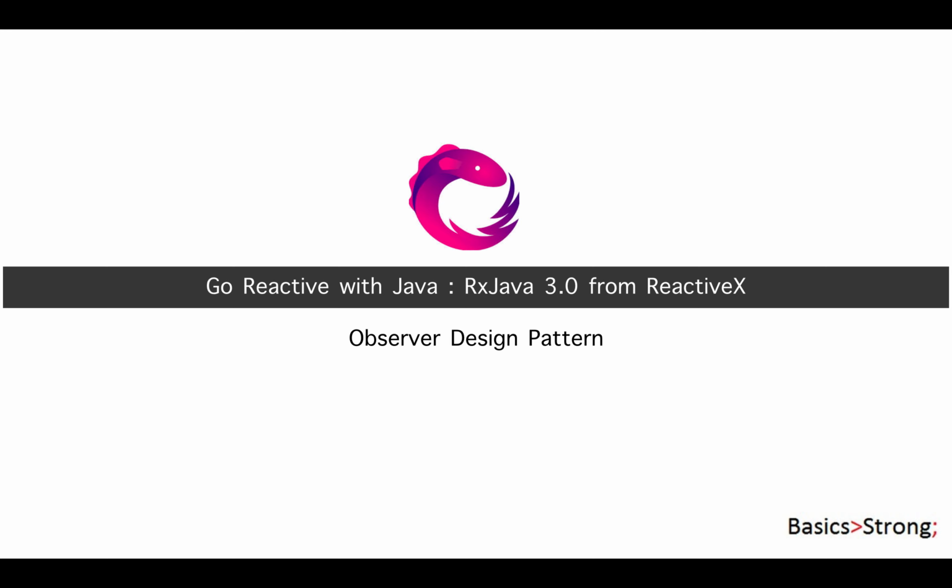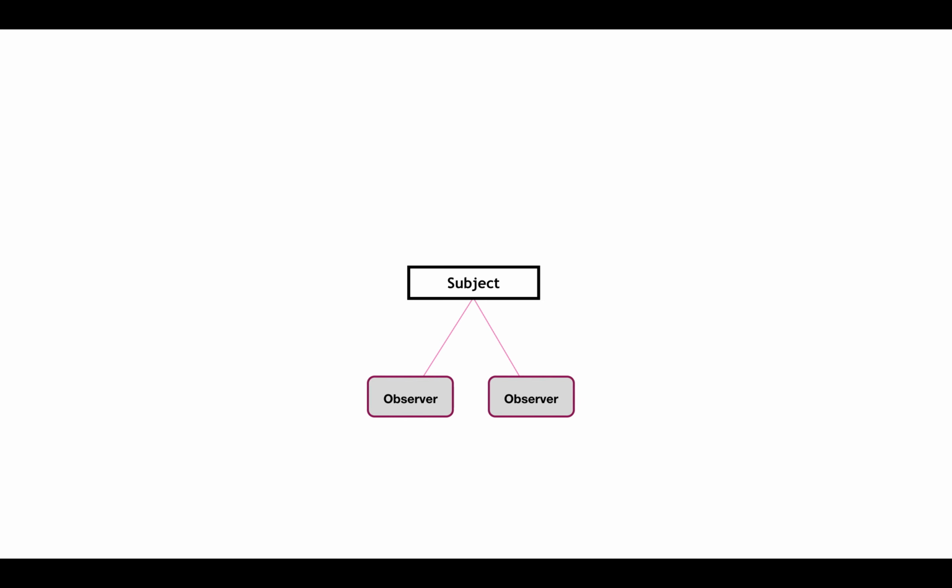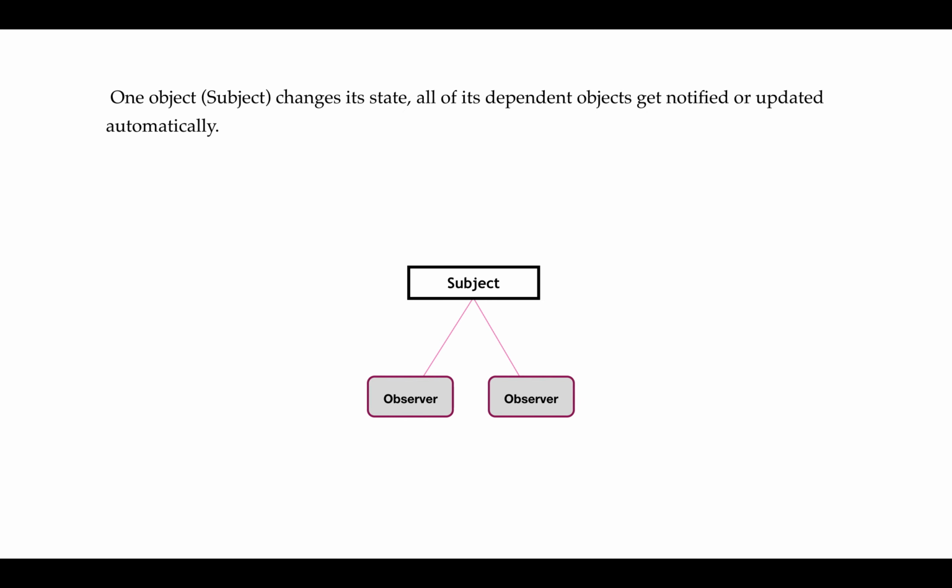Similarly, in this design pattern, we have a subject, which is responsible for maintaining a list of all its dependent objects known as observers. So the observer design pattern defines one-to-many dependencies between objects. When one object changes its state, all of its dependent objects get notified or updated automatically.